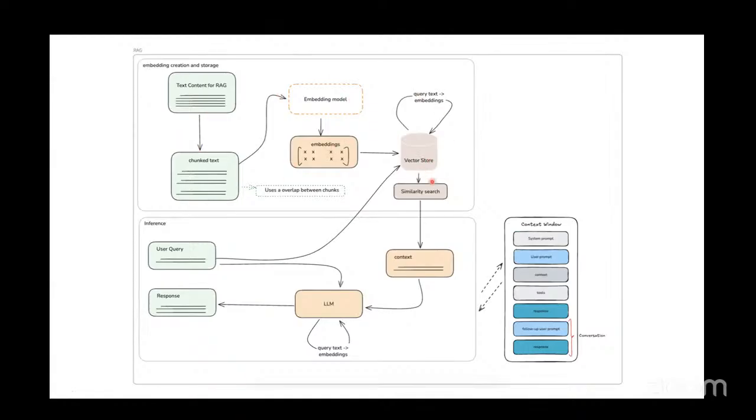You will have a vector database. You send the query, and simultaneously you do a similarity search on the vector database. So you will have a context set and fed to the LLM. You get the response. These kinds of agents we will be creating in these classes.